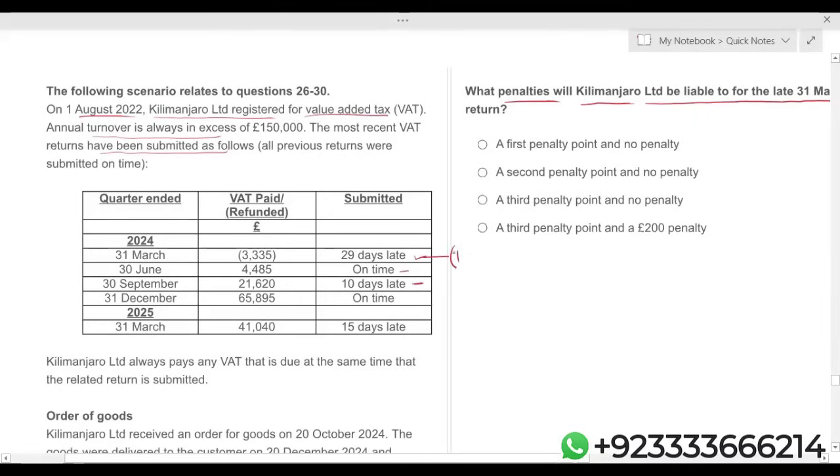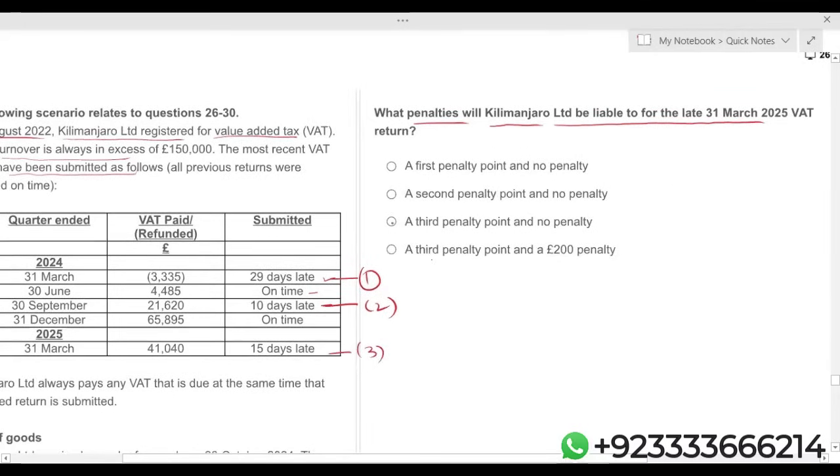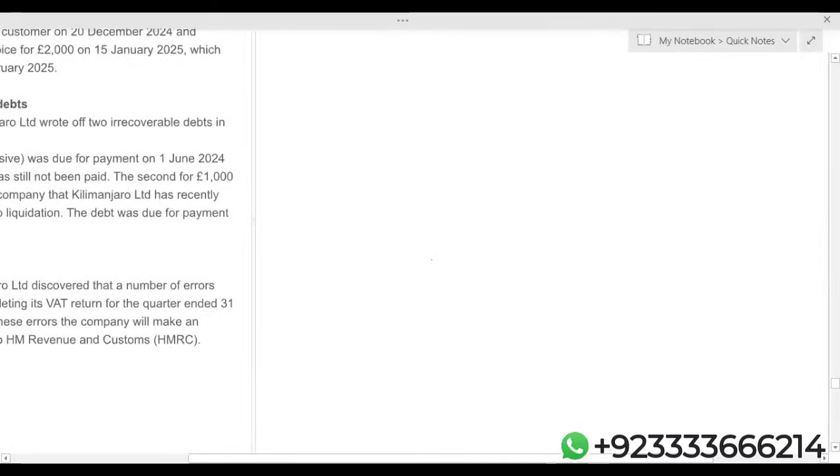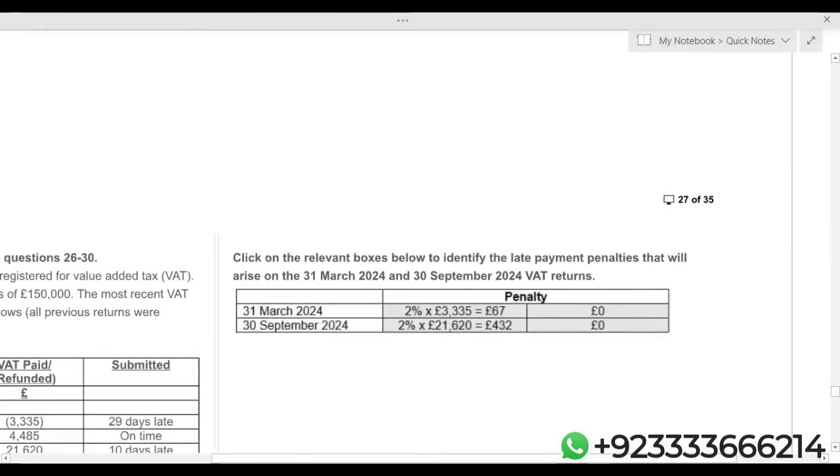Then 31st December, it is on time. So actually, only 3 times late. Can I say a third penalty point? Actually, the 200 pound penalty only applies when there are 4 penalty points. Right now, they have just reached 3 penalty points. Wow. But they are on the way to getting a 4th also, the way they are running the business.